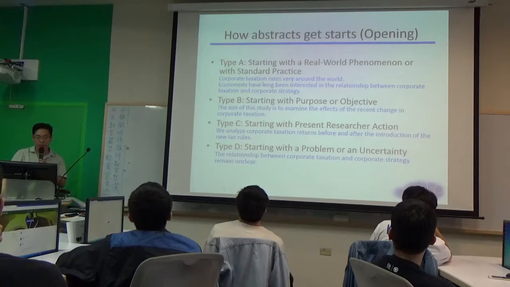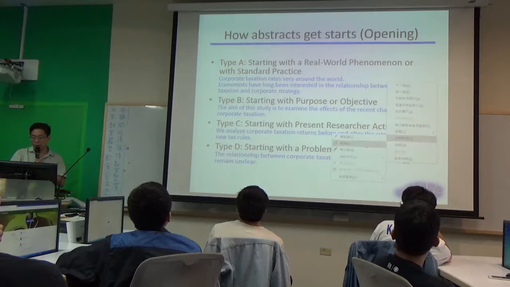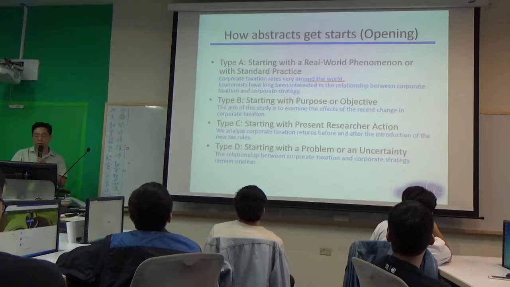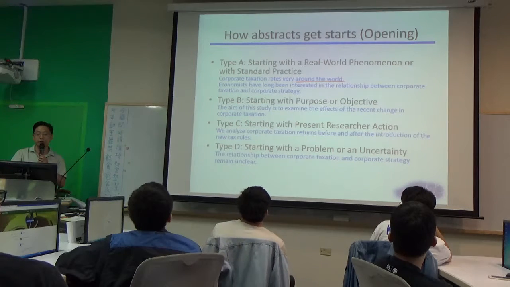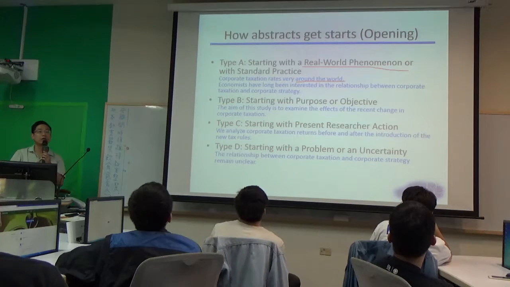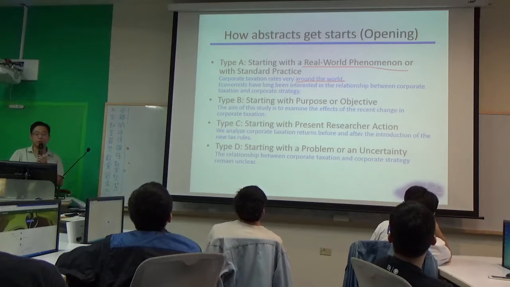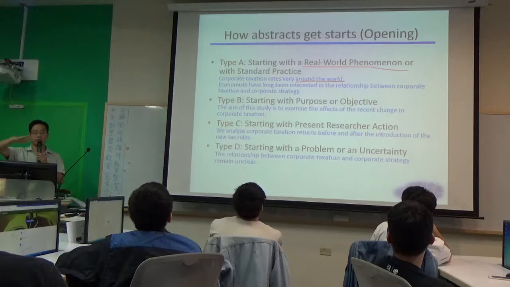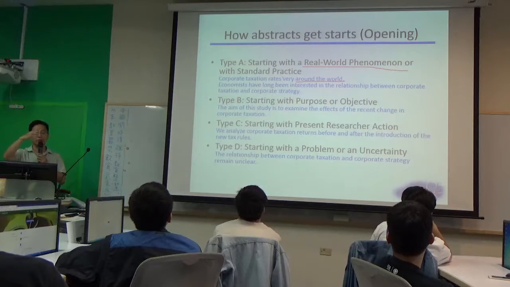Corporate taxation rates vary around the world. See? The keyword is something around the world. It means the real world phenomena. Something happened in the world. Vary, changing. The rate changing around the world.